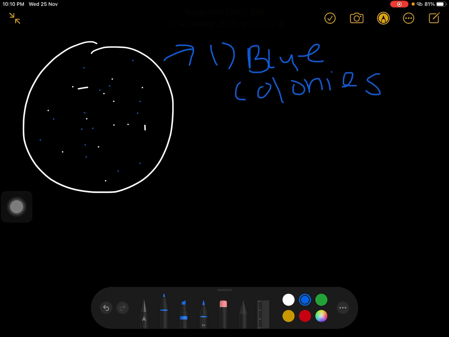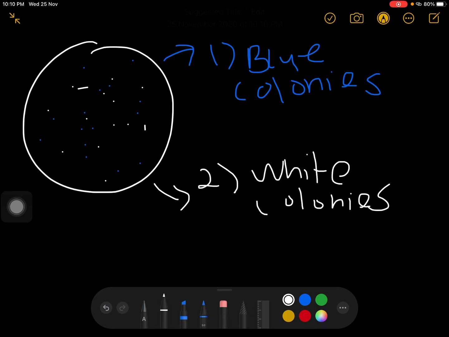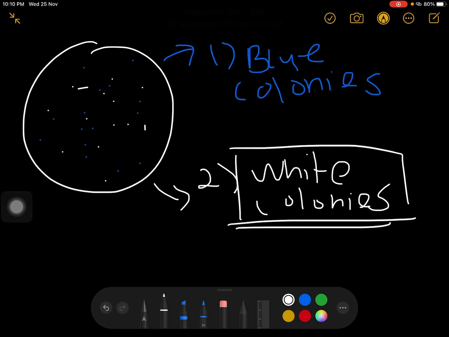The blue colonies have non-recombinant plasmid and contain intact lacZ, which codes for beta-galactosidase and can hydrolyze X-gal. But for number 2, the white colonies, they have recombinant plasmid, recombinant DNA, and lacZ is disrupted, so they cannot hydrolyze X-gal.